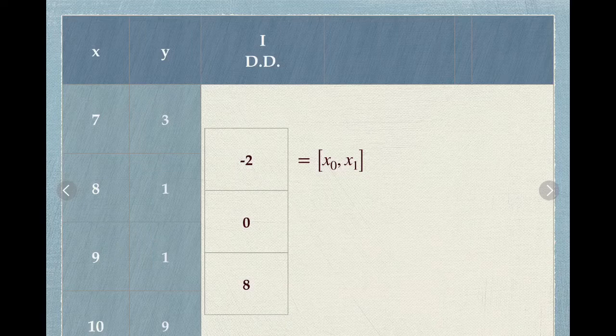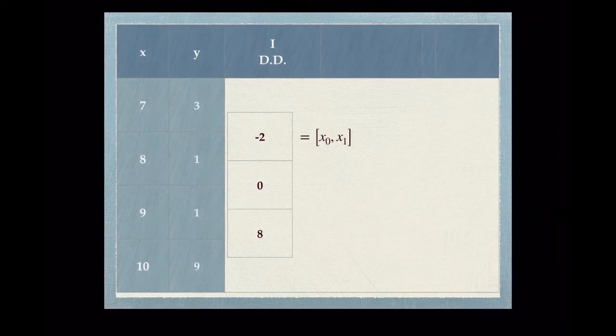Quite obviously, for the second term, in the denominator we took the difference of x2 and x1, and the representation is [x1, x2], and for the last term it is [x2, x3] inside square brackets.